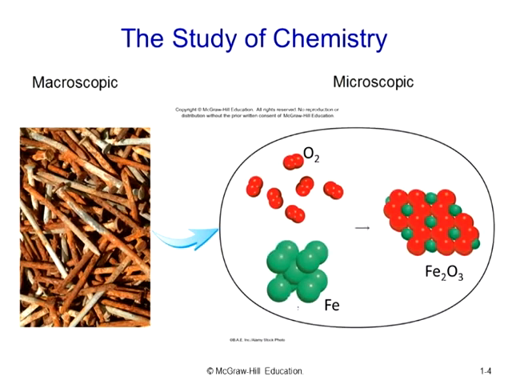The study of chemistry involves two major areas of concern. One is the macro scale, that is the very large scale. That involves the things you can see on a daily basis, things you interact with. The example shown in this particular slide shows rusting nails.